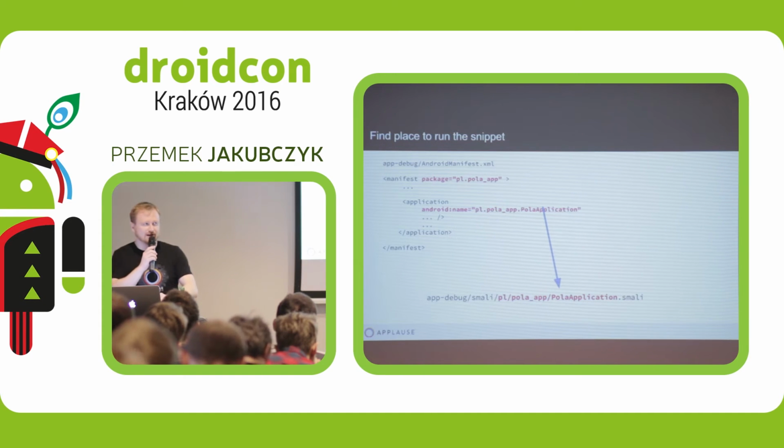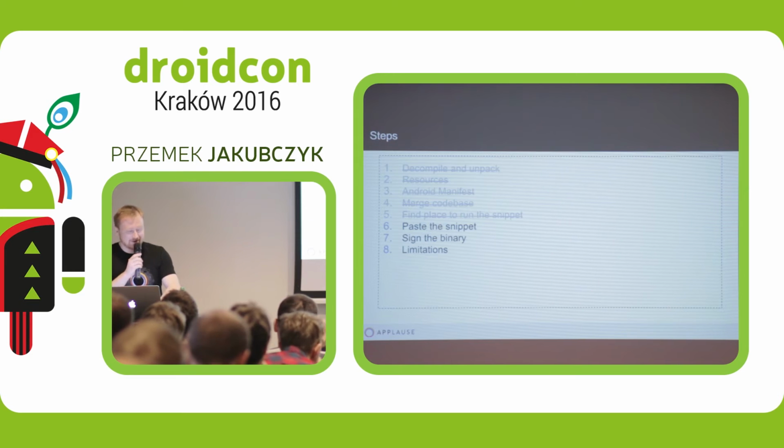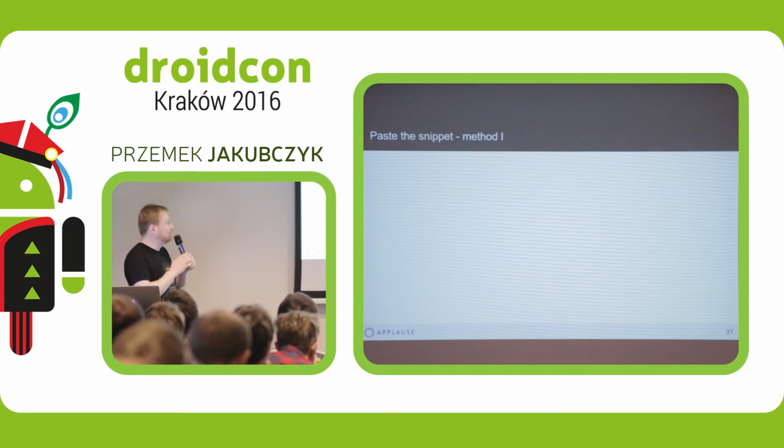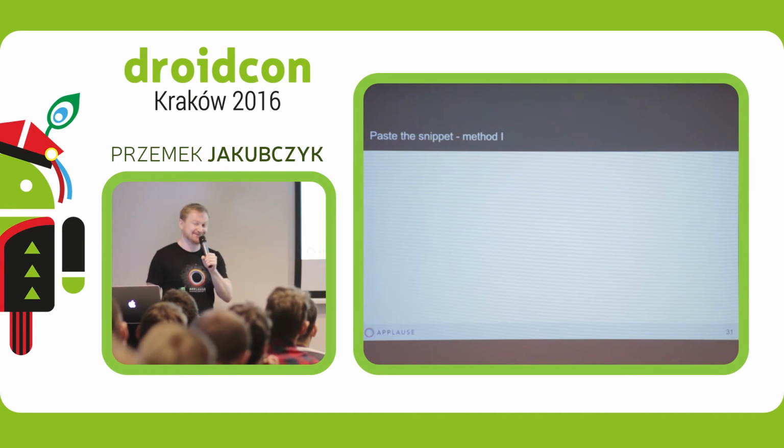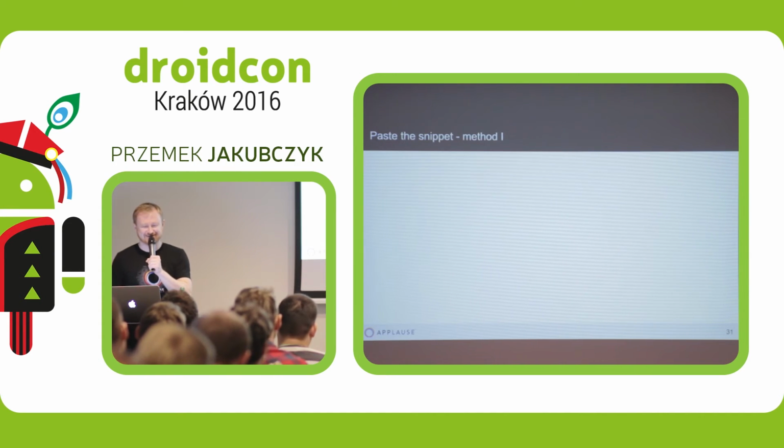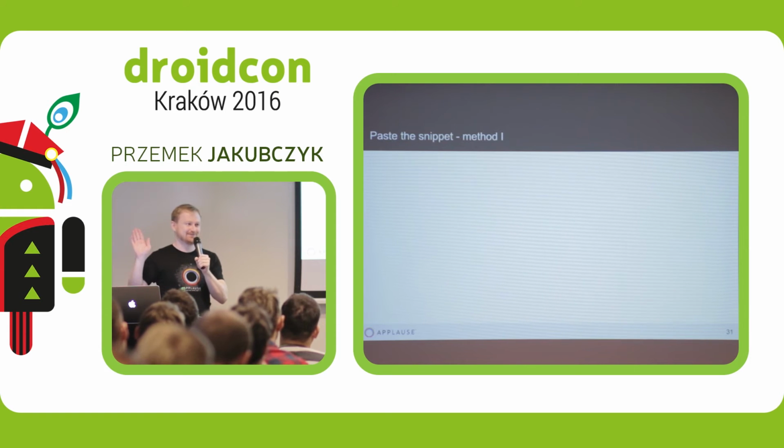So no need to run a regex over the whole directory. Now we have to put the snippet in. There are two methods. We implemented method 1, then found out that there's method 2, which is much simpler. But as always, if it works, don't touch it, right?